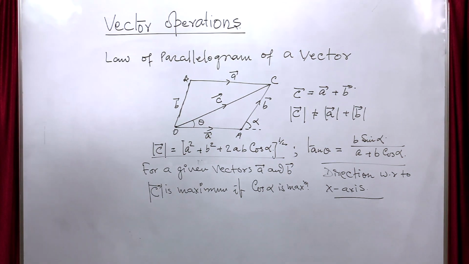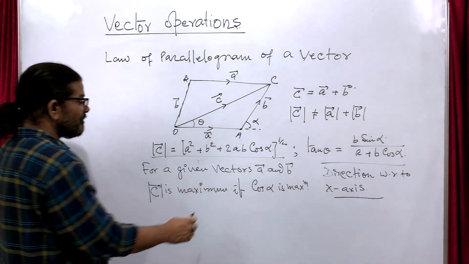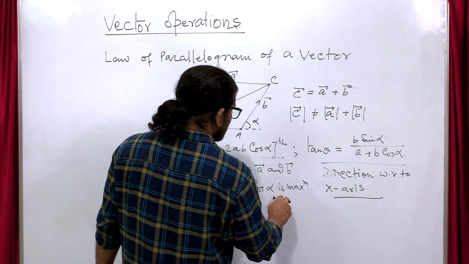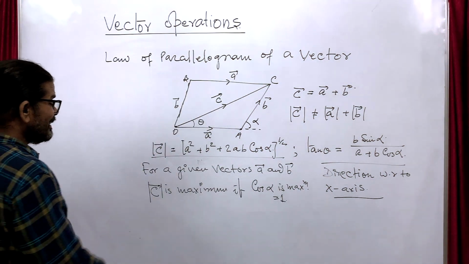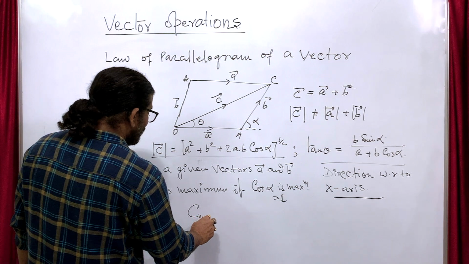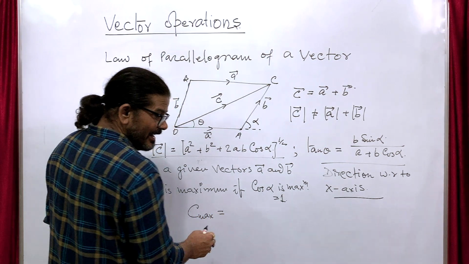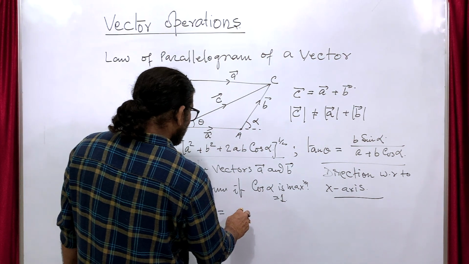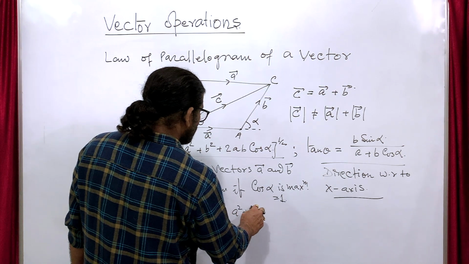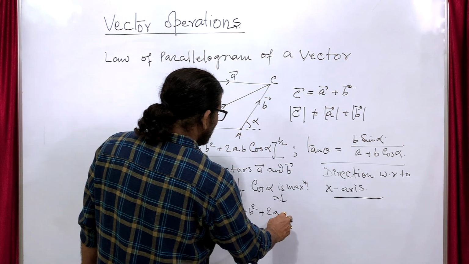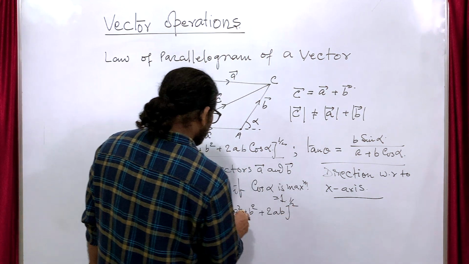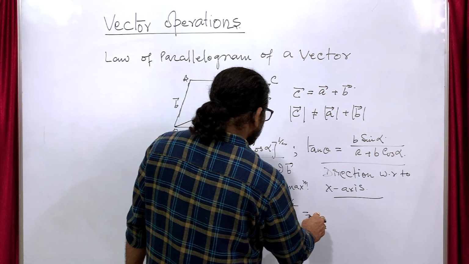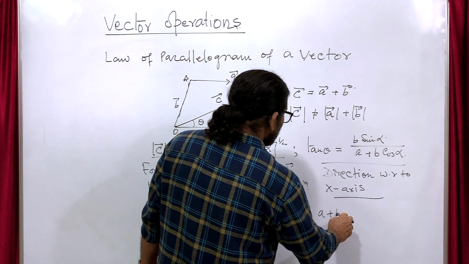And cos alpha maximum is equal to 1. So C maximum for given A and B is the square root of A square plus B square plus 2AB, which is equal to A plus B.